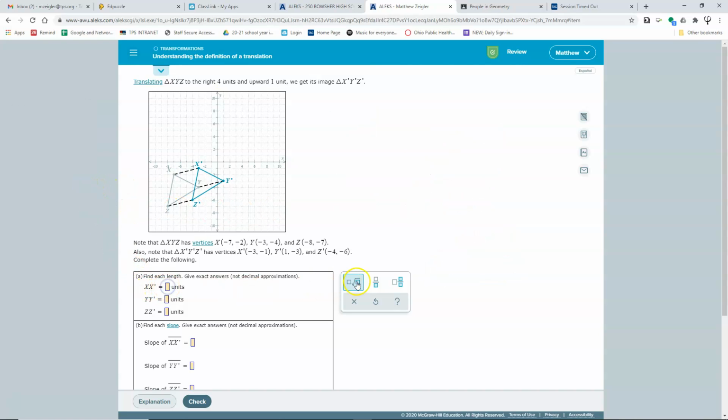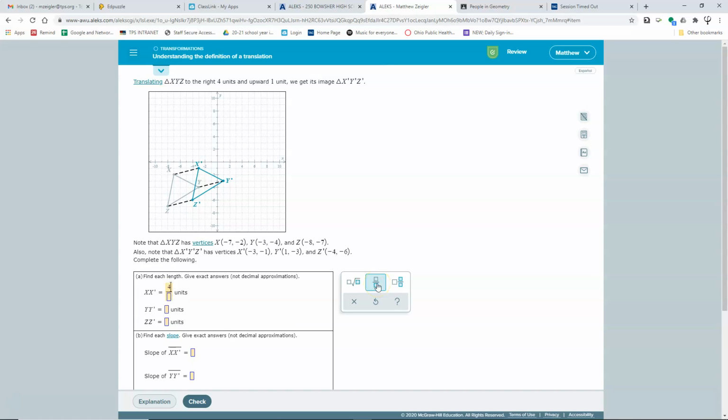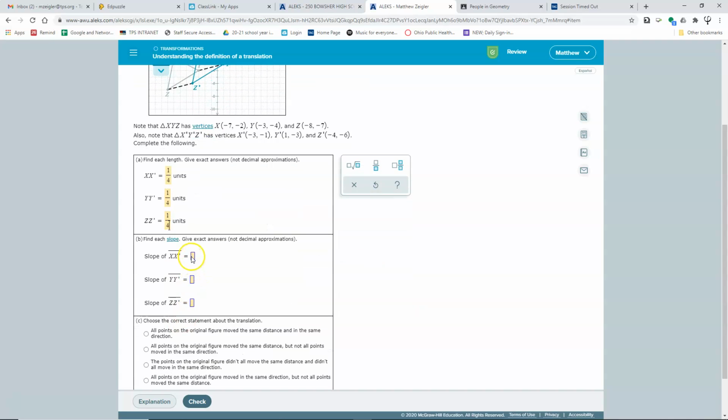So let's go in here. So let's go 1 over 4. Let's go here. We go 1 slash 4, 1 slash 4, and then we had square root of 17.